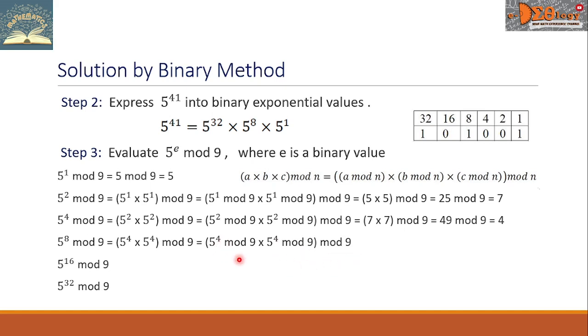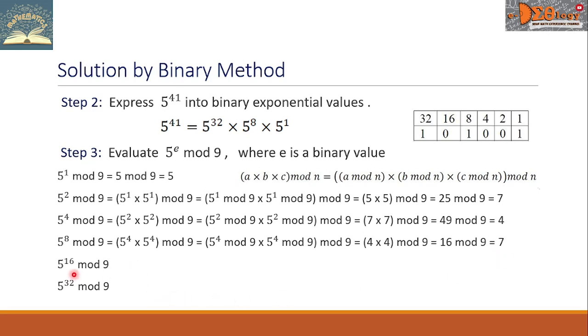This 5 raised to 4 mod 9 has the value from our previous step. The value is 4. Let us substitute that number 4 respectively. So we have like this, 4 times 4, then mod 9. The product 4 times 4 is 16 mod 9, and the value is equal to 7.